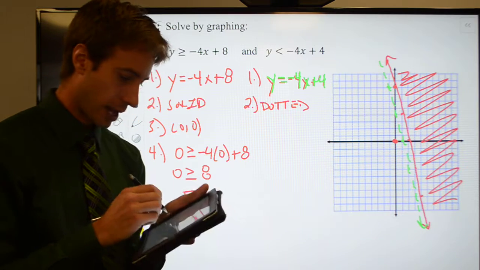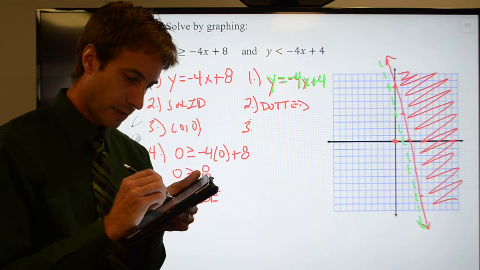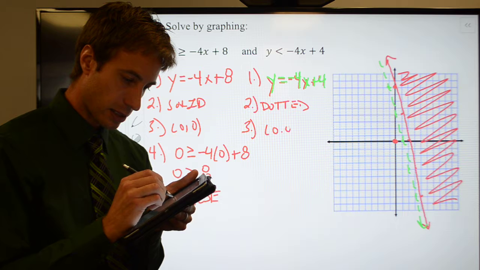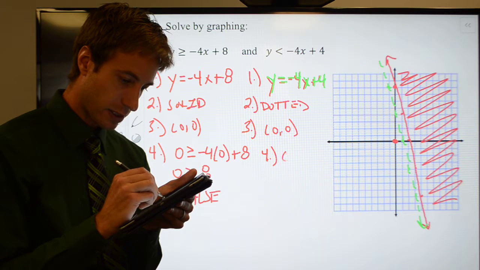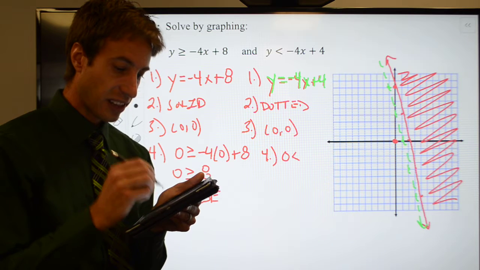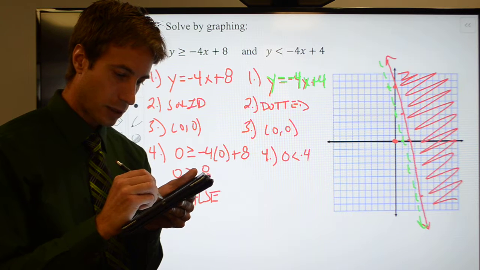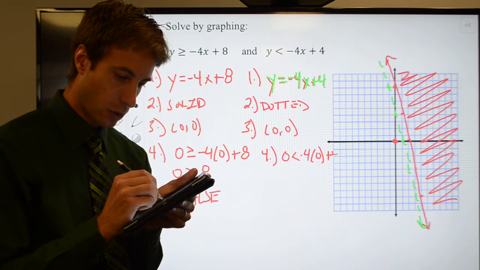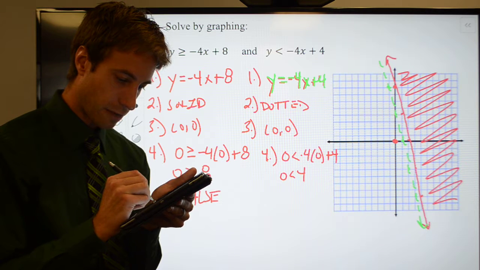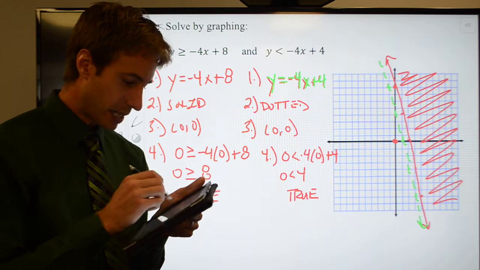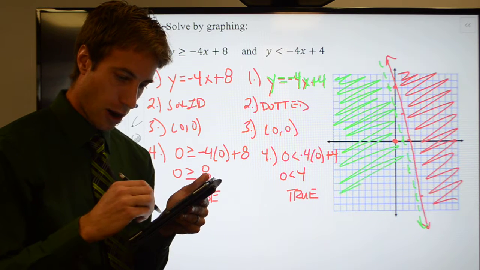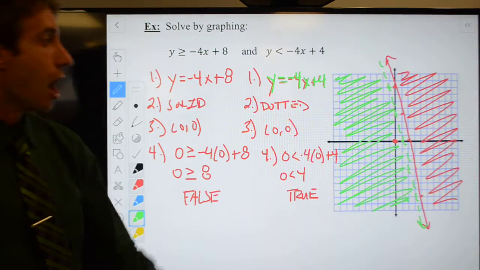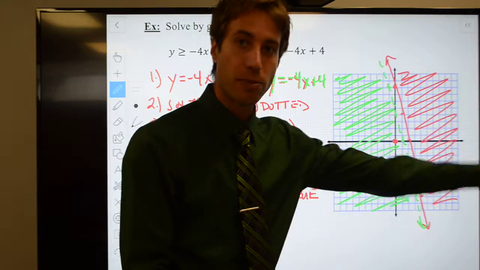But now the question is, where do I shade for the green line? Well, let's take a look at it. Step 3, I can definitely pick 0, 0. And step 4, let's plug that in. So I have 0 is less than negative 4 times 0 plus 4, which means 0 is less than 4. That is true, which means I shade everybody on this side. All right, awesome. So here's what happens. For my red line, I'm shading everybody to the right.